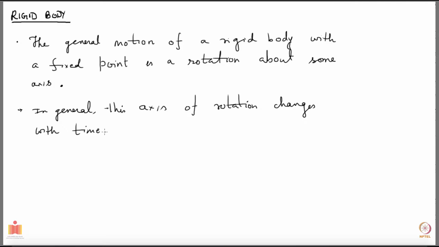Okay, some students may face difficulty with this statement, that they may have difficulty in realizing that this axis is in general going to change with time, because most of us have experience with rotation in the context of very symmetrical objects.